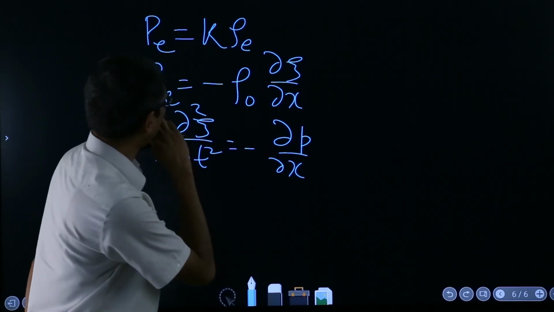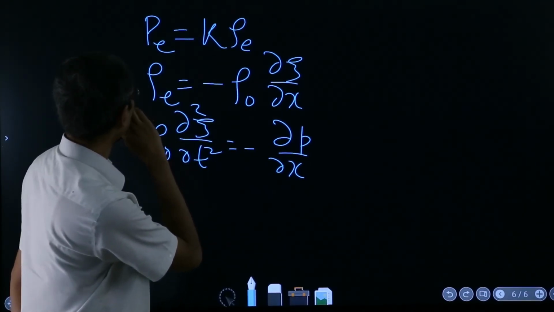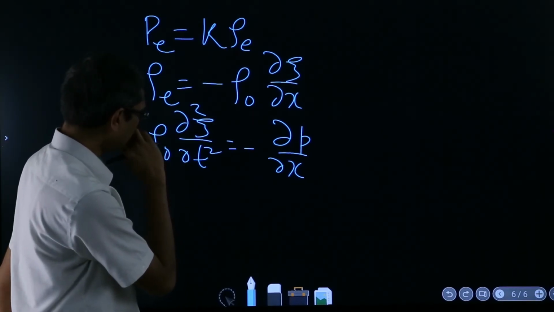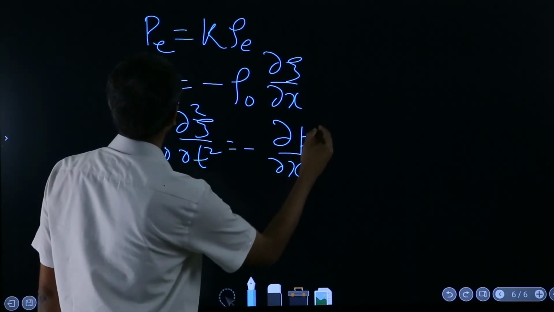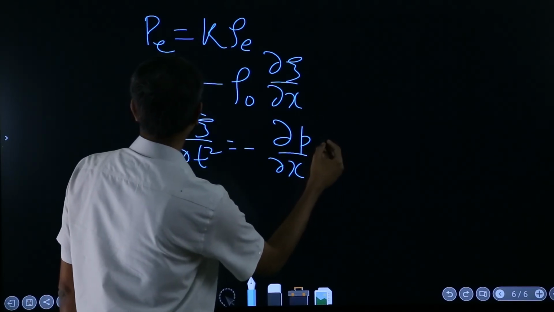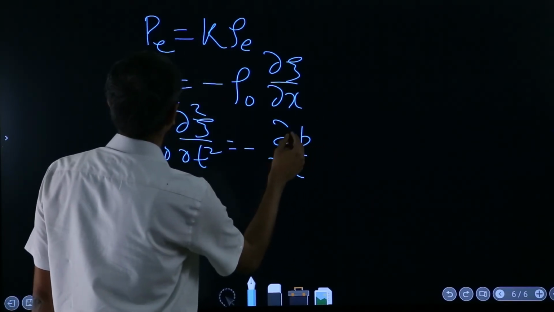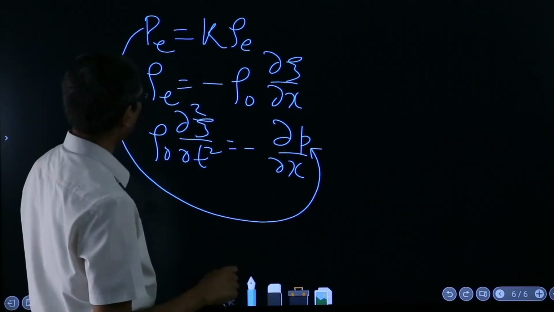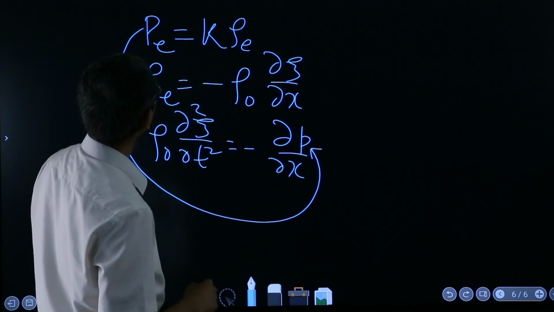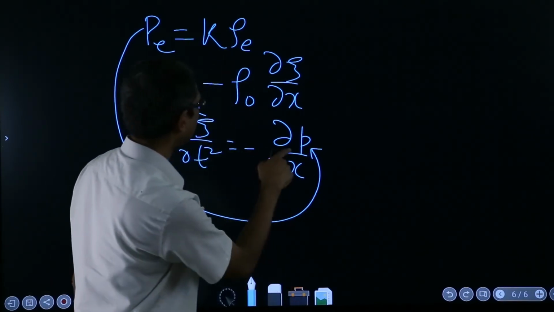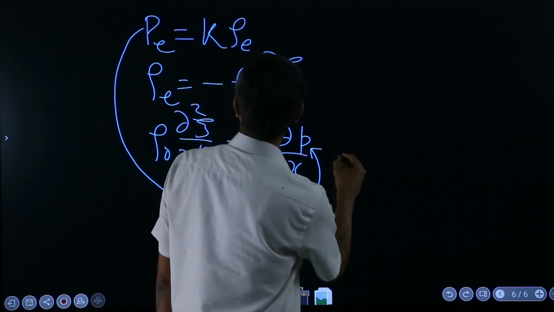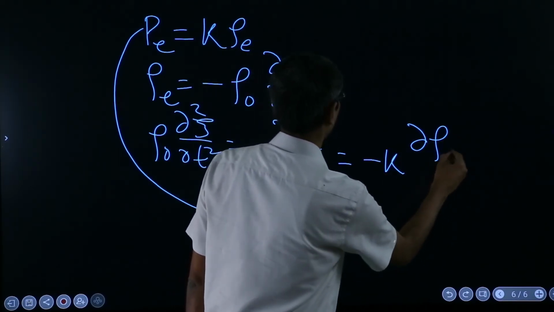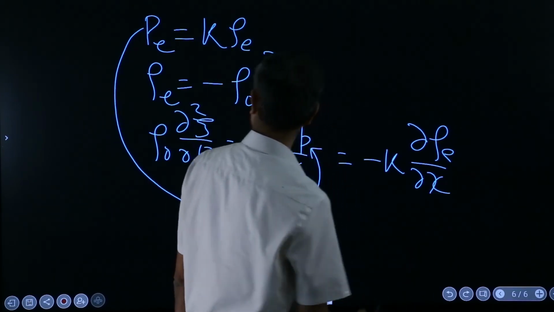So what you do now is suppose you substitute this here. What would you get? Because that will eliminate our P, and you will get negative K d by dx, right?